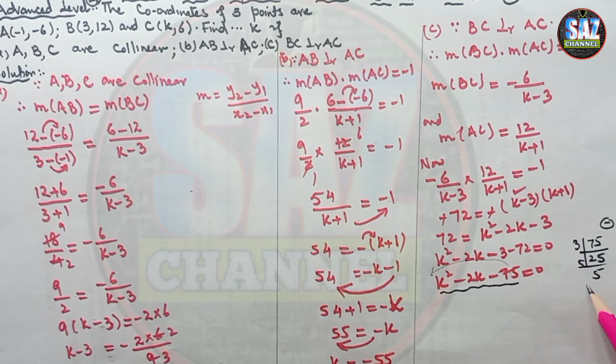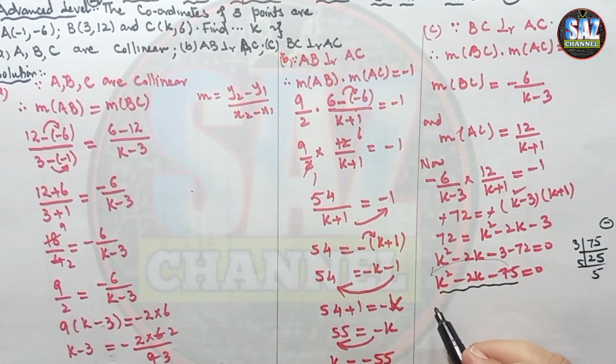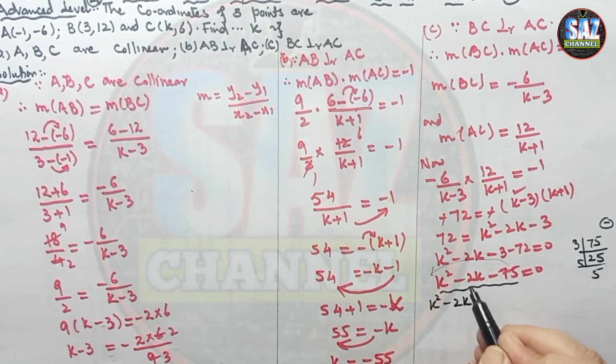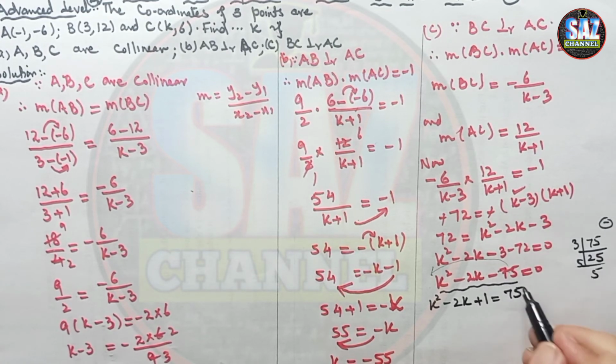But I can see that we are not able to get such a pair of numbers. So either we can go with completing the square, D3 chapter number 1, or we can apply the quadratic formula. It's up to you. Suppose we are going for completing the square. Let's revise that concept as well. K square minus 2k, half of this is minus 1, and I'm going to add the square of that. That will become positive 1, and 75 when shifted to the other side will also become positive 75 plus 1.